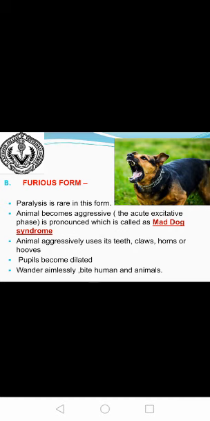The acute excitative phase is pronounced, which is called mad dog syndrome, although this type of symptoms is seen in all species. Animal becomes irritable and aggressively uses its teeth, claws, horns, and hooves. Pupils become dilated. Animals start to wander aimlessly and attempt to bite humans and other animals.